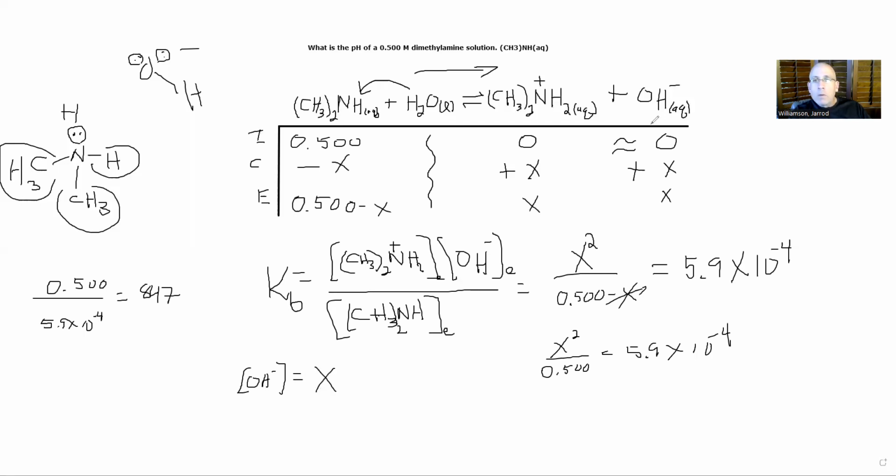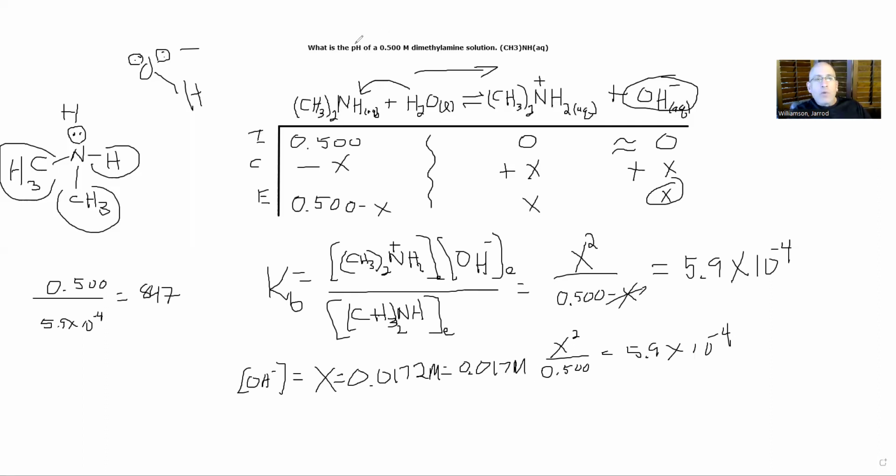How do I know? The hydroxide ion concentration at equilibrium is equal to x. And that will be equal to 0.0172 molar, or 0.017 molar.